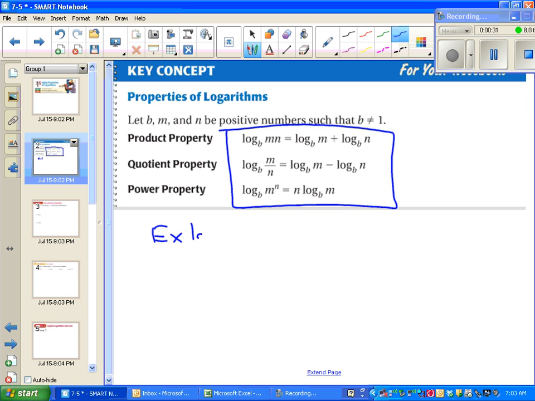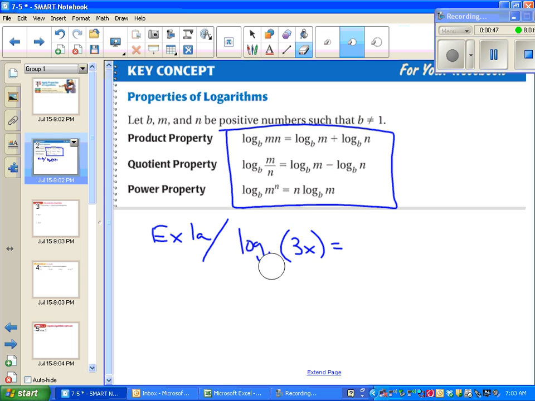I want you to put this in your notes. As your first example using the product property, maybe we have something like log base b of 3x. B could be any number. Let's actually have b be a number. Log base 7 of 3x.